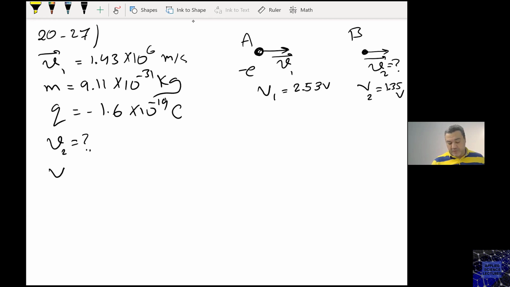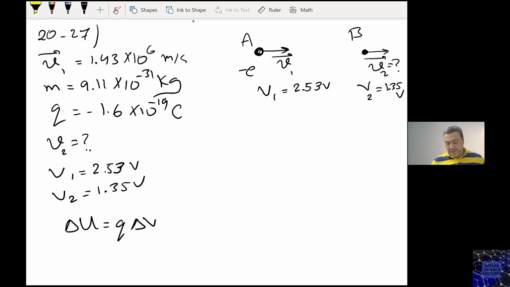We know V1 potential 2.53 volts and V2 1.35 volts. So where do we start from? We know that delta U equals Q delta V, and this is minus delta EK.